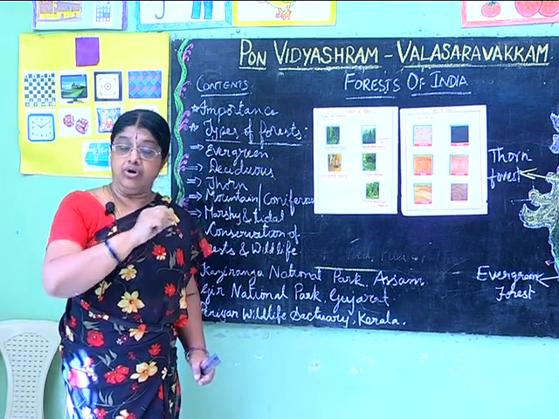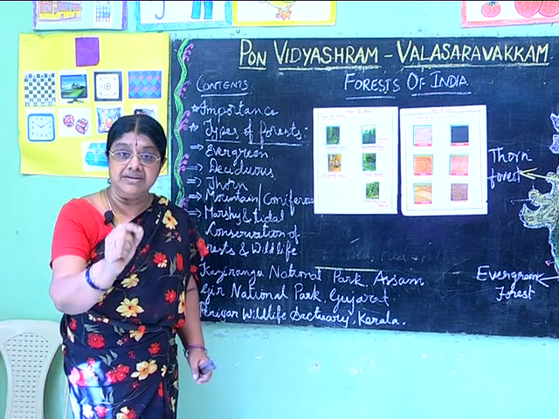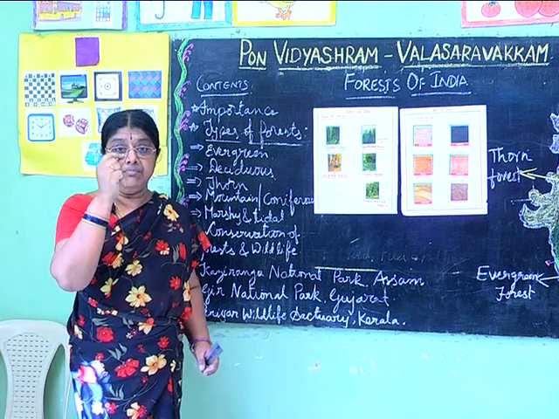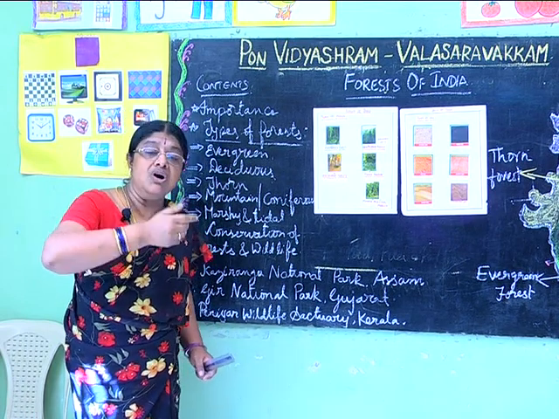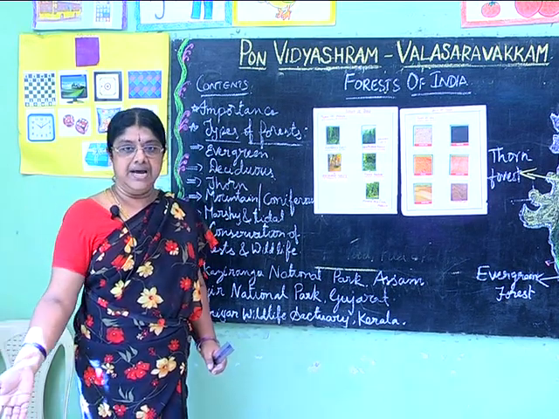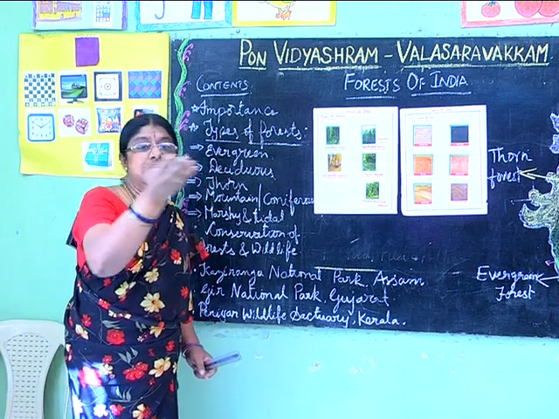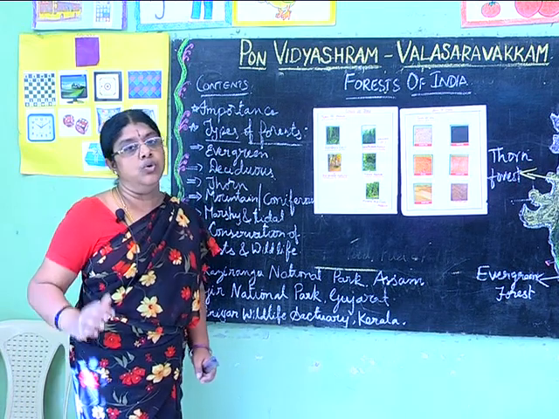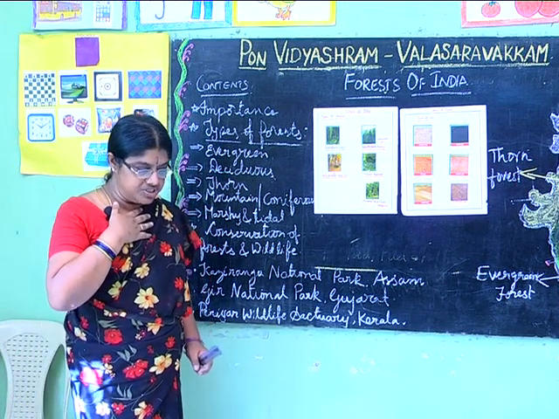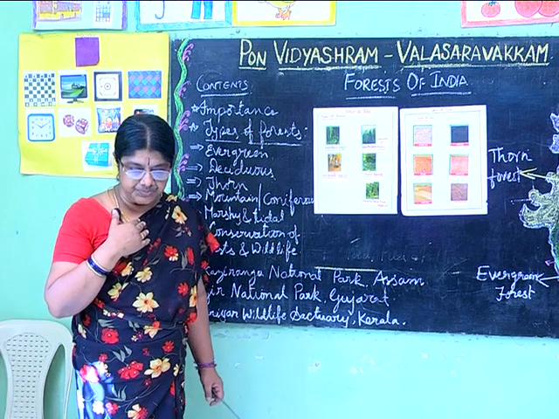The last point, but not the least, the prime factor that we should keep in our mind is that the more forests, the more oxygen is released by the plants, and it purifies the air and stabilizes the climate of the neighborhood. So is it not our responsibility to maintain these forests?